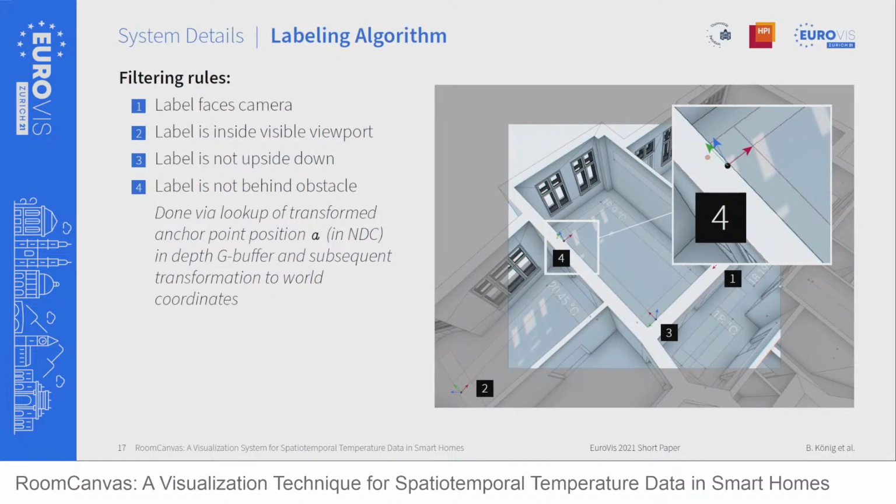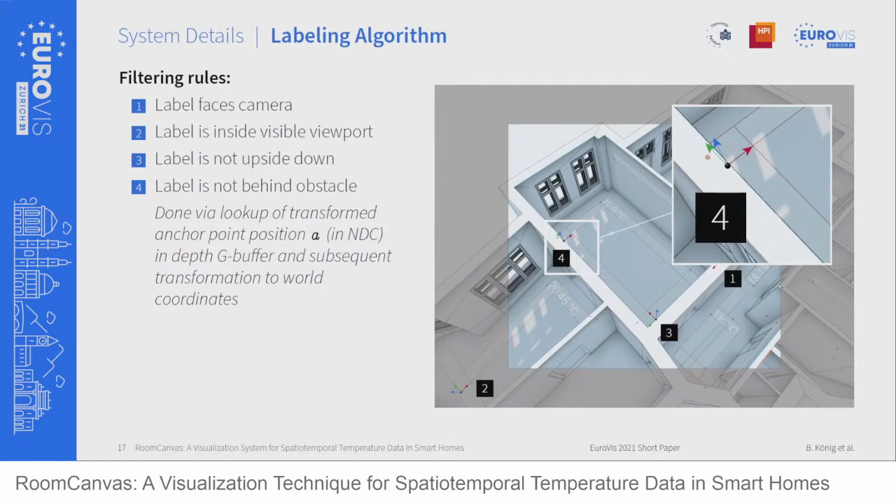And the fourth step is a bit computationally more expensive, and that's why we, as I explained, put it down in the order of those filtering rules so that it only has to be executed for labels that have passed all the previous filtering rules. What we do is we check whether the label would be obstructed by any geometry, so if there would be anything in front of it.